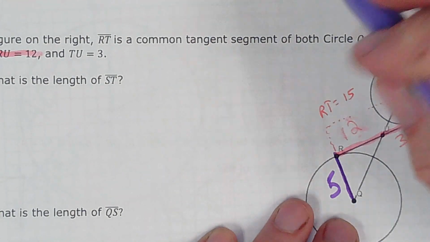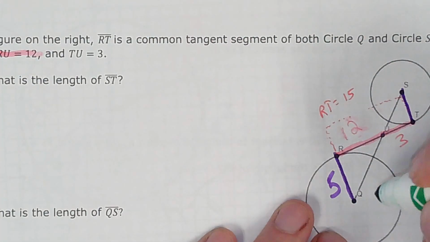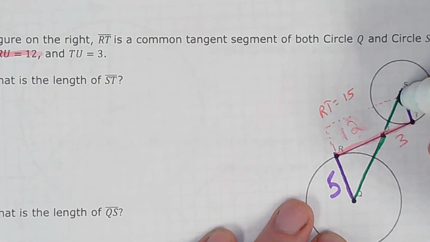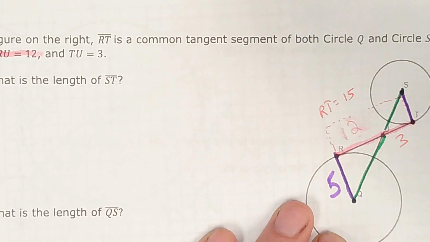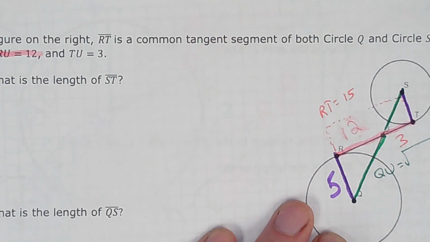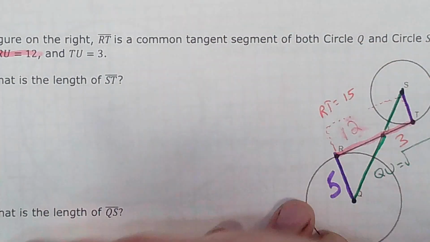Okay, so we have this other line segment length. I guess we'll use green. QU and SU. And we know that QU equals, well, it's two line lengths.